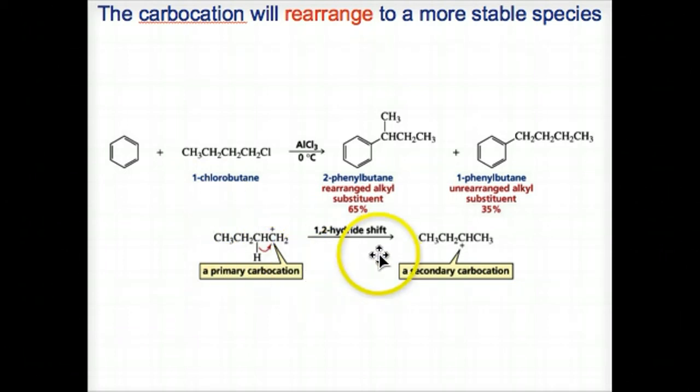And by a 1,2 hydride shift, this primary carbocation can be rearranged to form a secondary carbocation, which is much more stable. And as a result, it is the one, notice, that is going to be the favorite electrophile binding to the nucleophilic benzene over the primary carbocation that's formed.